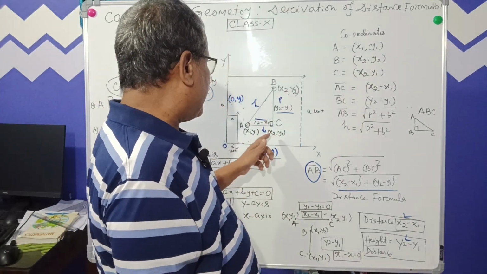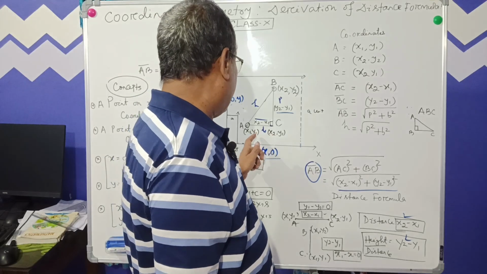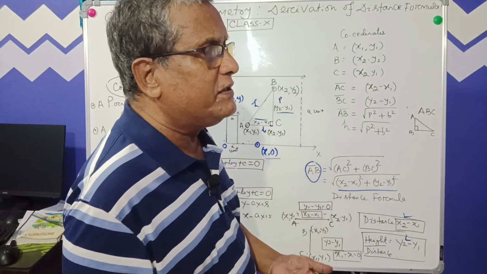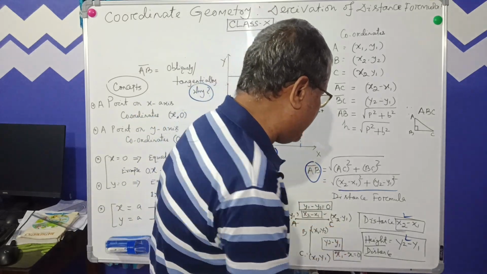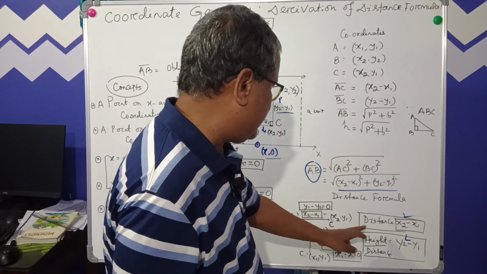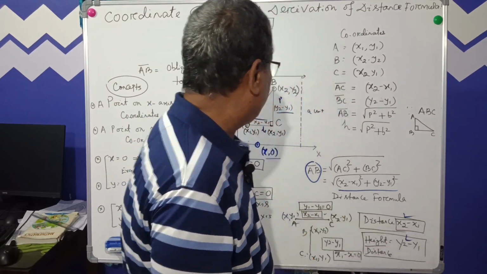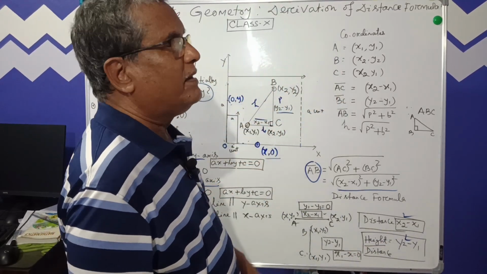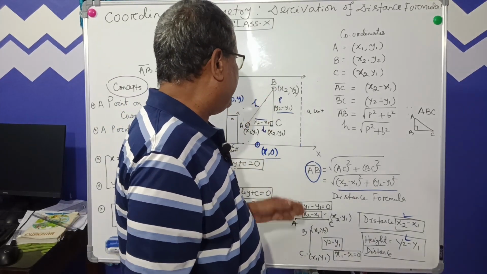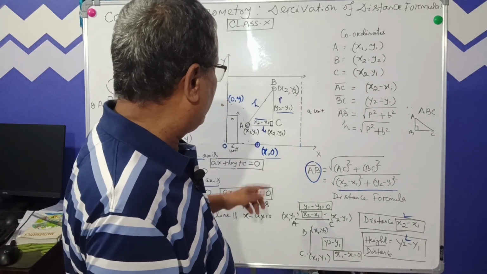Simply subtracting x1 from x2, x2 minus x1, that is the distance AC.